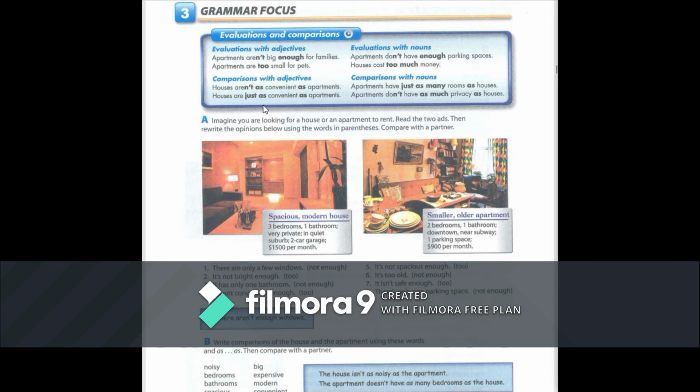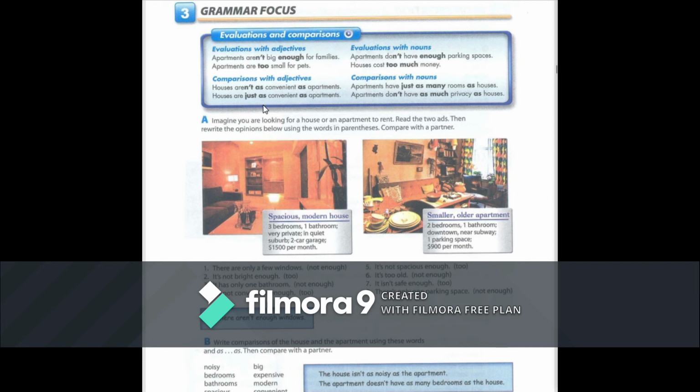When I say houses aren't as convenient as apartments, I'm saying the opposite, like apartments are more convenient. But when I say houses are just as convenient as apartments, that means both of them are equally convenient. They're comfortable, both of them. So there's no difference.